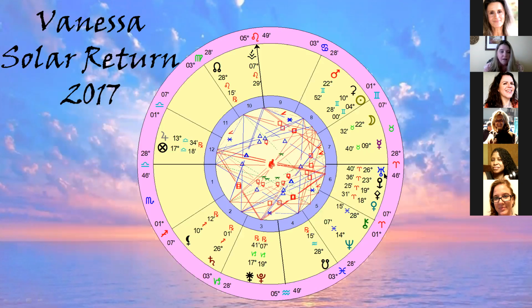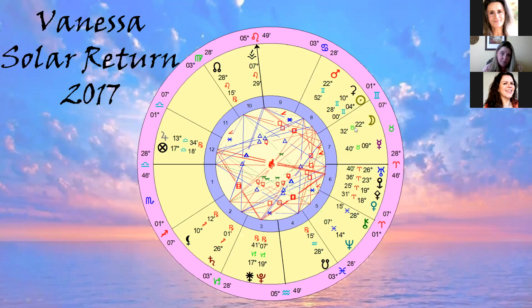Mars, which rules the Venus, is in a sextile. So it's activating it and acting as a kind of support in some way. And Mars in this chart is in Gemini.